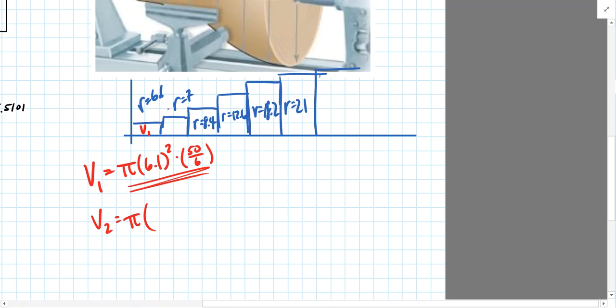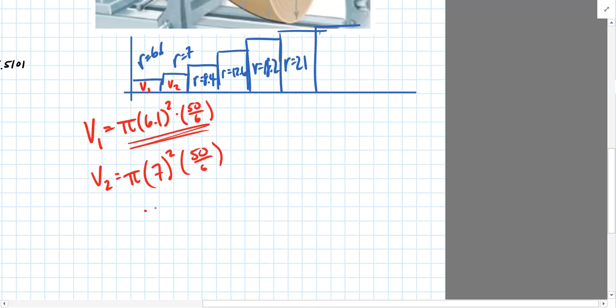So here for V2, the radius is going to be 7, and it needs to be squared, and we'll multiply that by 50 over 6, and so on. And we would repeat that for each of the 6 slices. Now, what I hope you recognize, that might make this easier in the long run once you understand the pattern, is that every one of these volumes is going to contain a pi and a 50 over 6.